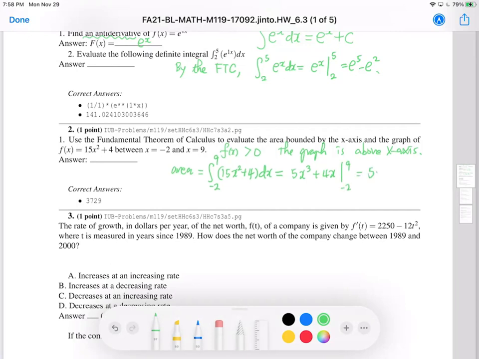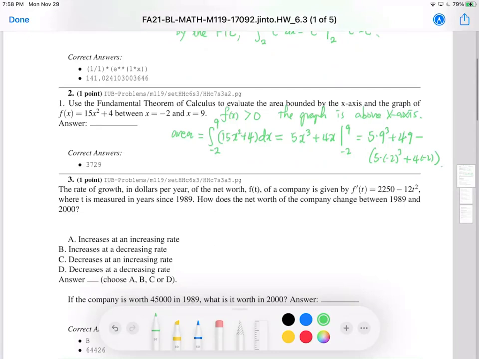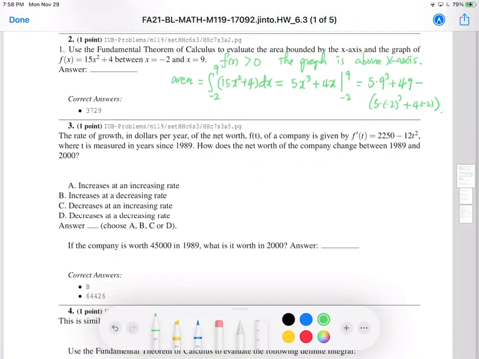So 5 times 9 cubed plus 4 times 9 minus 5 times negative 2 cubed plus 4 times negative 2. Okay, you can simplify it. You can use a calculator to simplify it.